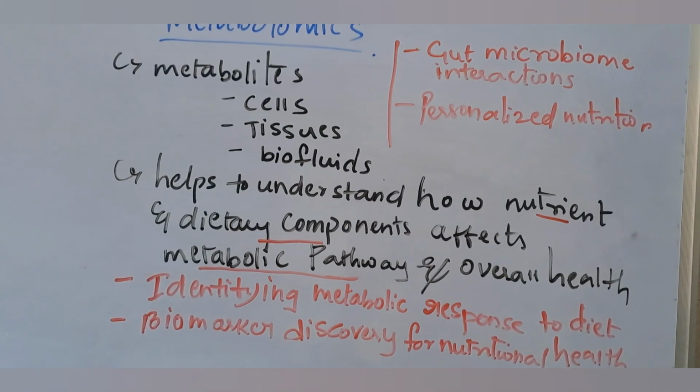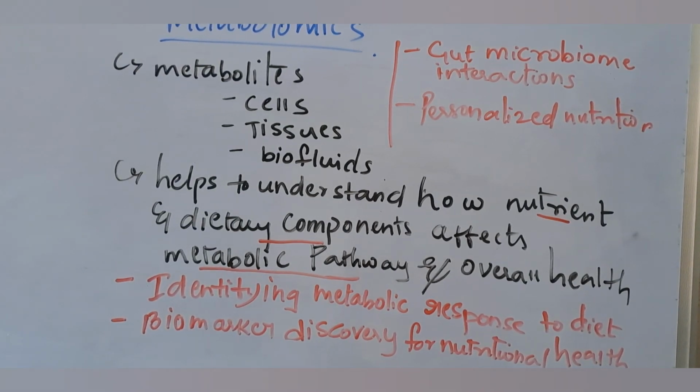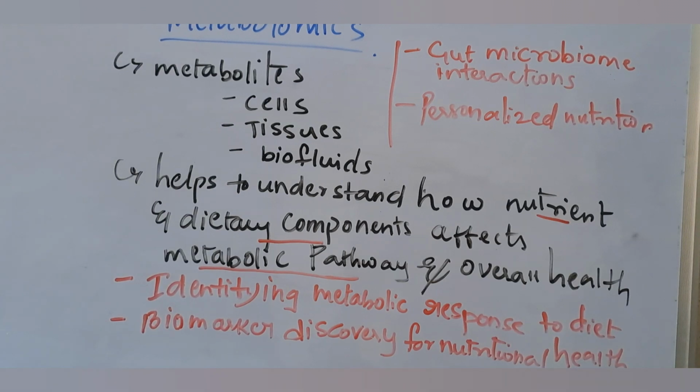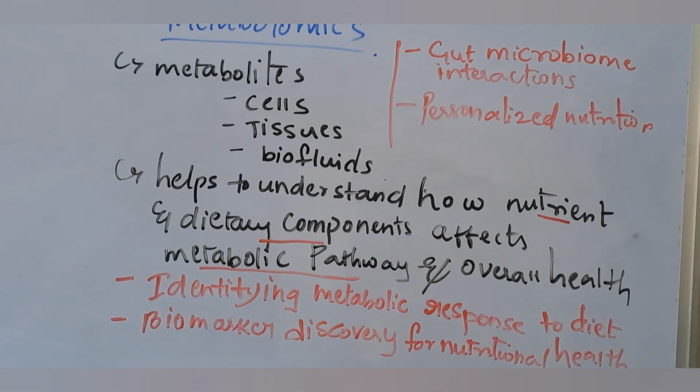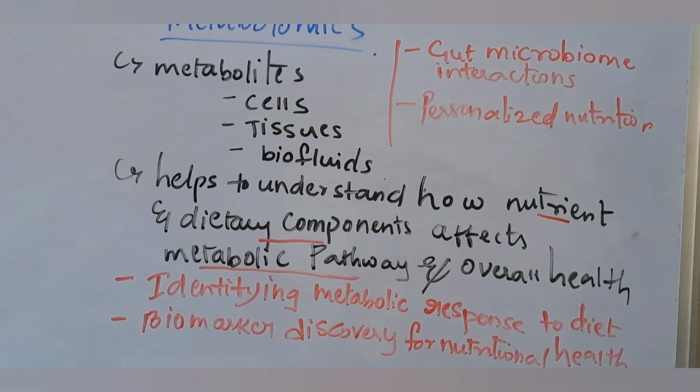For example, fermentation of fiber produces short chain fatty acids. Okay, so that influences inflammation and metabolism. So this is the best example of gut microbiome. And next, as usual, personalized nutrition also we can give. So that is about metabolomics, and we have some applications and also techniques, which are not very important.